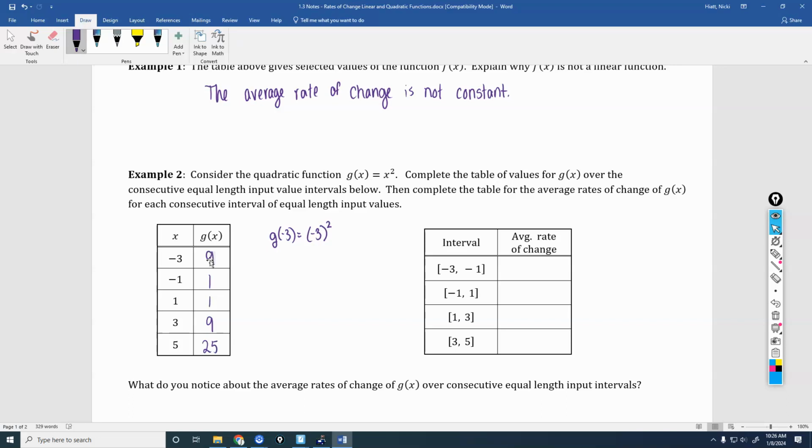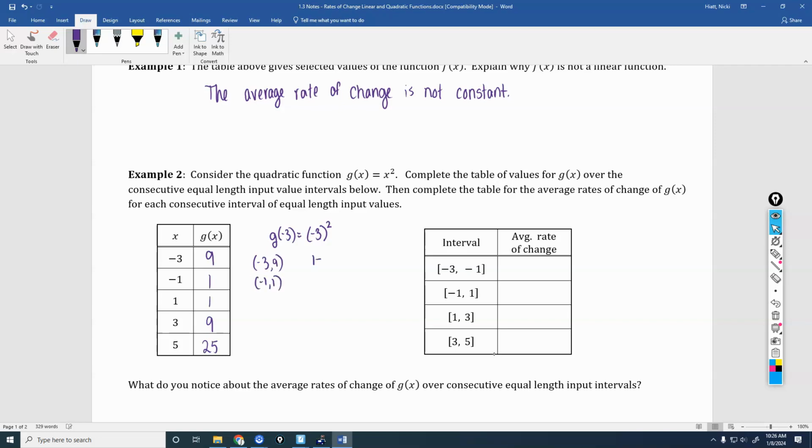Okay, so they ask us to look at the average rate of change for all of these intervals: from -3 to -1, -1 to 1, 1 to 3, and 3 to 5. So when I have a table, the way I like to do average rate of change, you can do -3, 9 is 1 point, and -1, 1 is 1 point, and you can do slope formula, right?